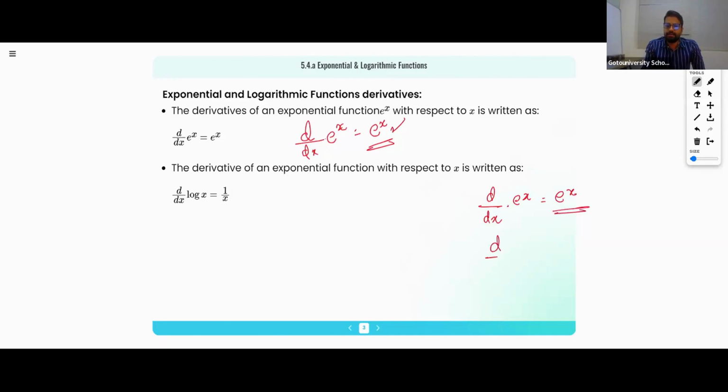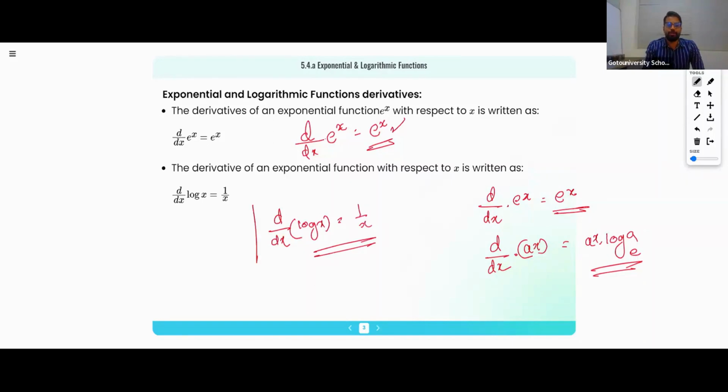If it is any other base a, we differentiate it as a power x into logarithm of a to the base e. Remember this. And the differentiation of logarithm of x is 1 by x. We are going to use this in the next section.